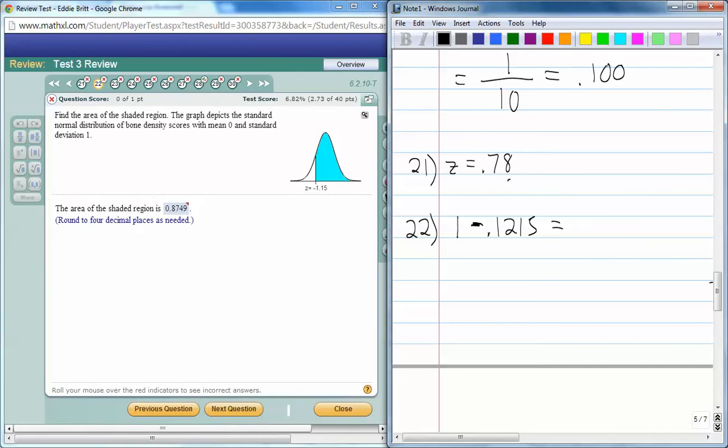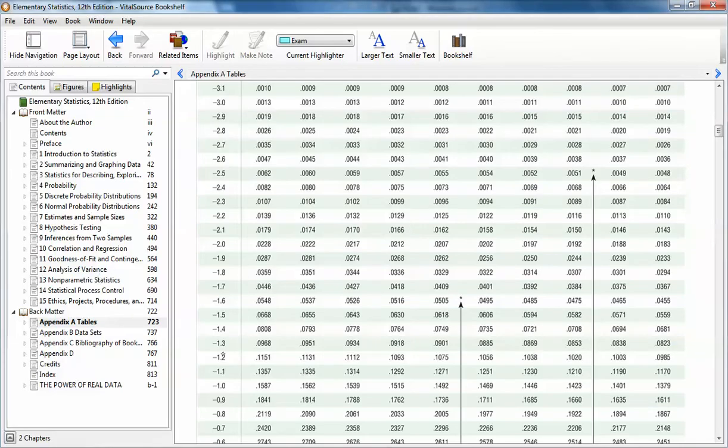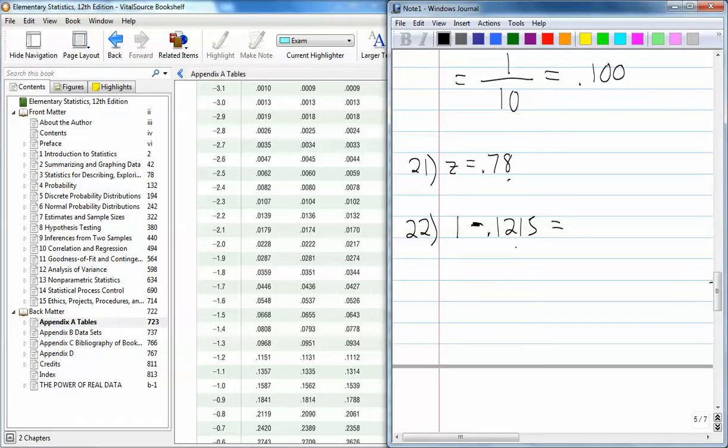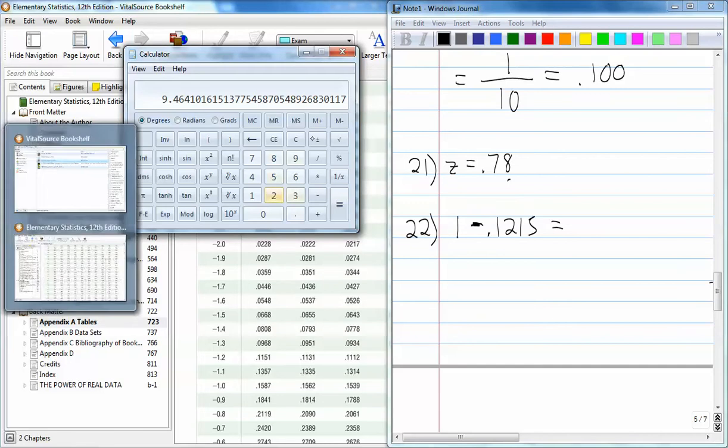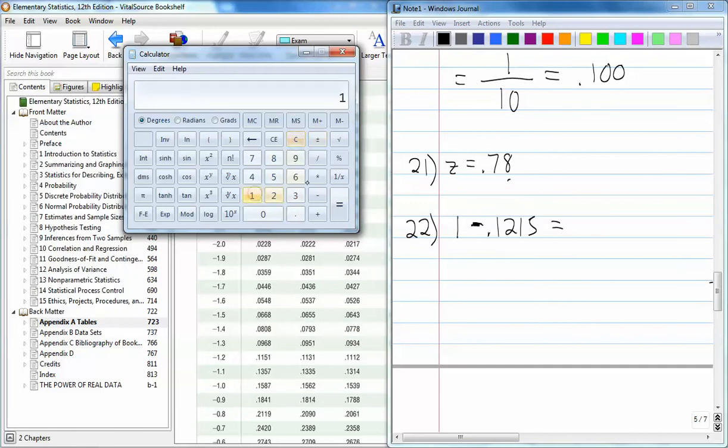That's negative 1.15, which we said was at that star, so 0.1251. So 1 minus 0.1251 gives 0.8785.